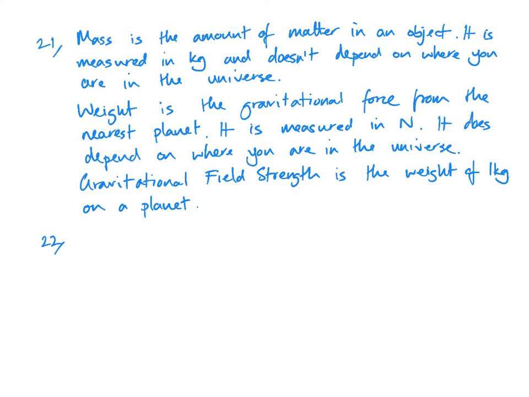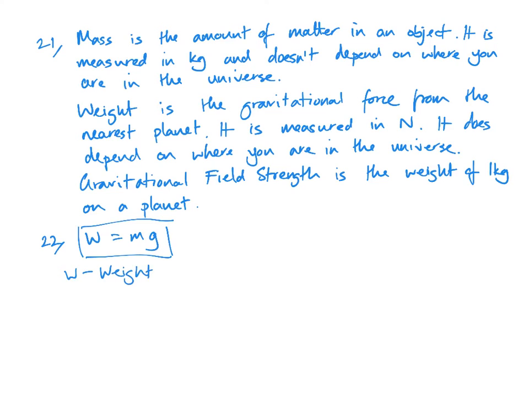Maybe worth pointing out, though, at this stage that we take G on Earth now to be 9.8. Right, in first year, we just approximated it to 10. And 22 is the formula. W equals mg.